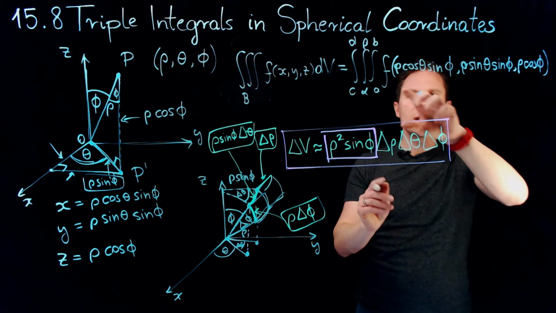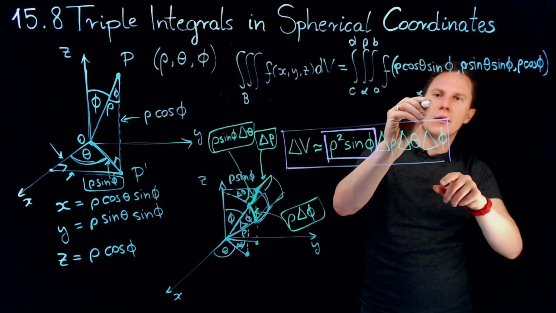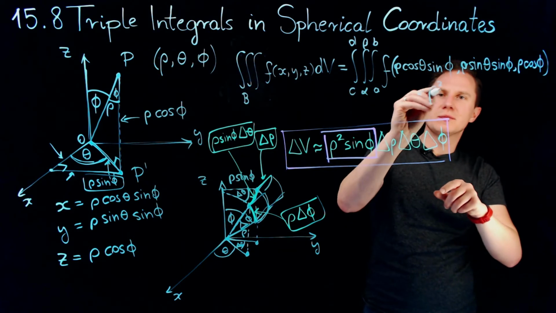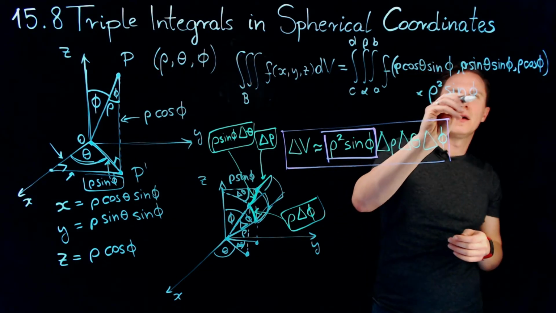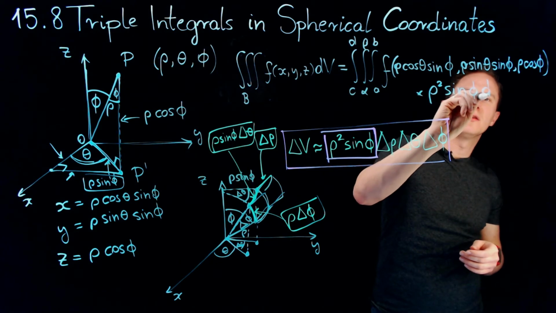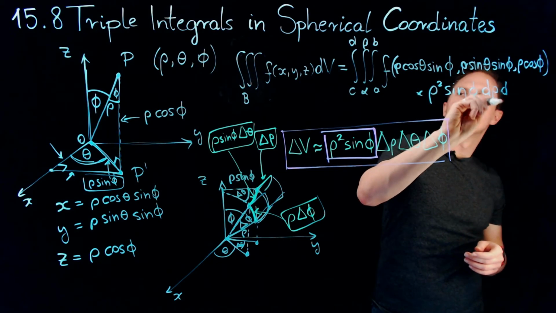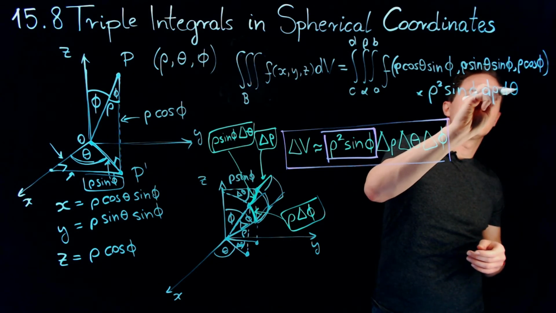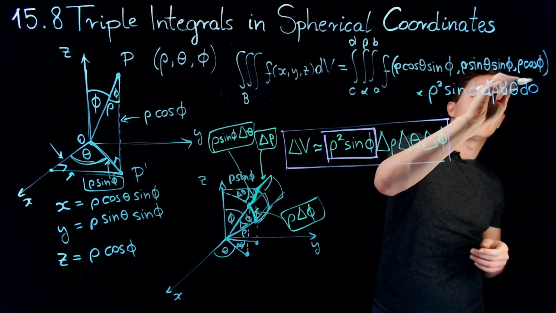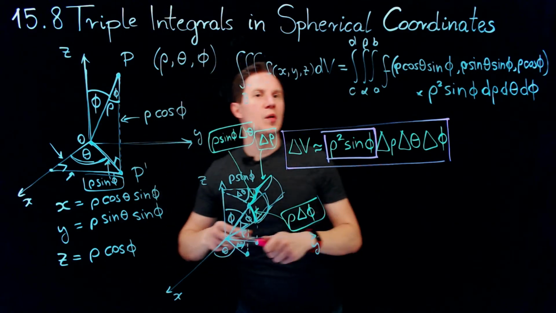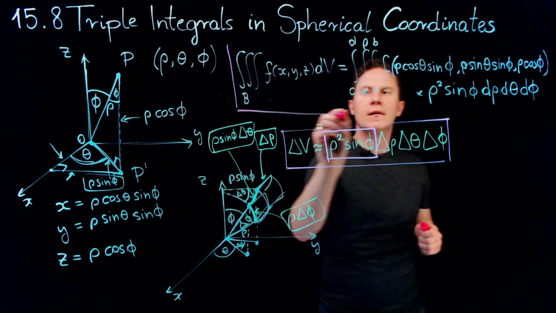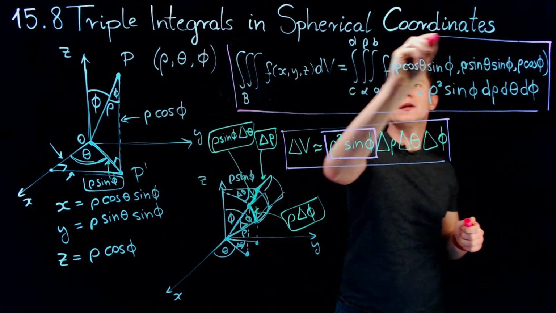Then we multiply this function by rho squared times the sine of phi, and then integrate with respect to rho, with respect to theta, and with respect to phi.